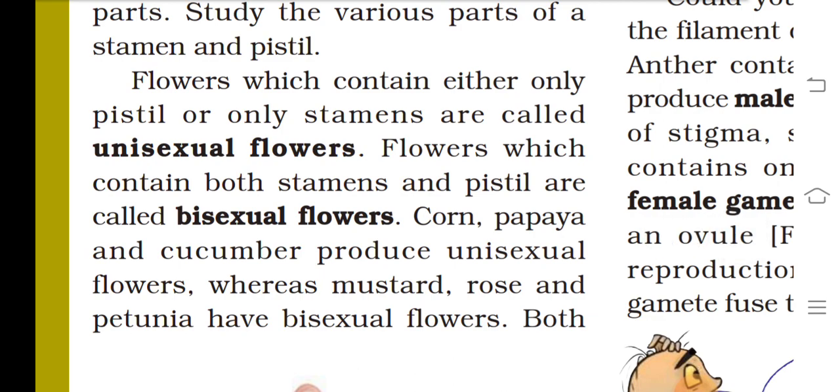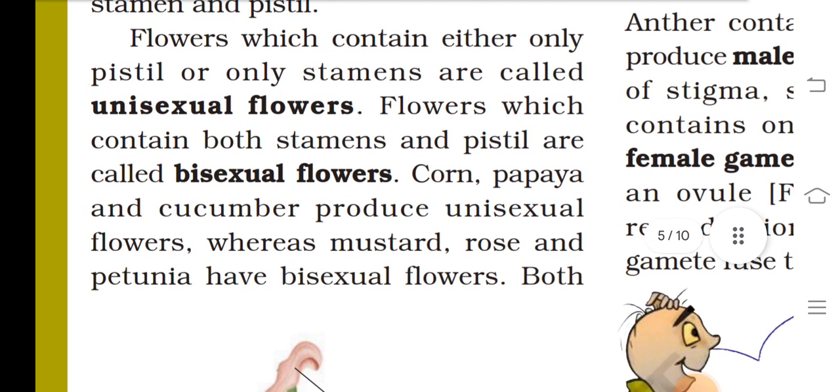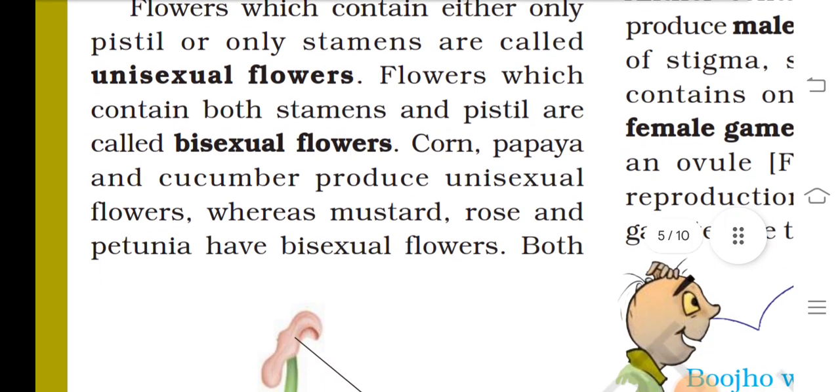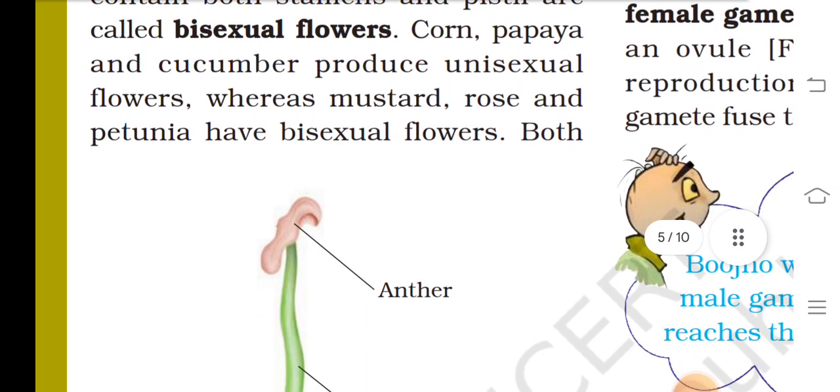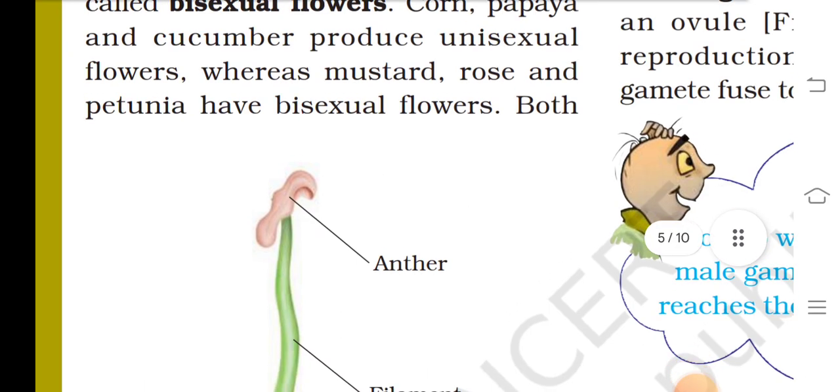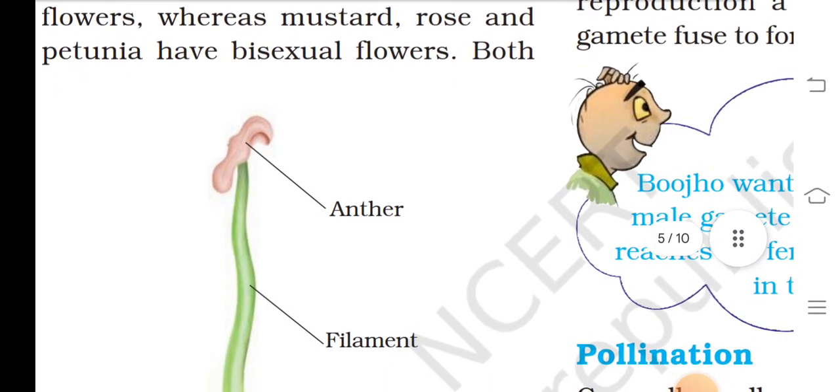Flowers which contain either only pistil or only stamen are called unisexual flowers. Flowers which contain both stamen and pistil are called bisexual flowers. Corn, papaya, and cucumber produce unisexual flowers, whereas mustard, rose, and petunia have bisexual flowers.